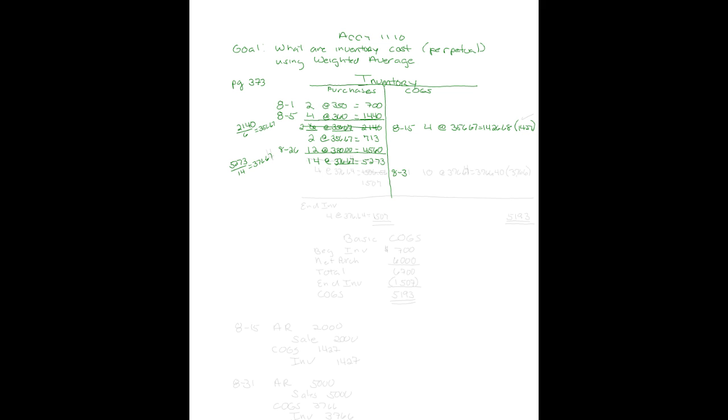On 8/31, we're going to sell 10 units. So we'll take 10 units at $376.67, and that equals $3,766. I think, yes. Hold on, I need to check some math. Bless me, I screwed up my number.